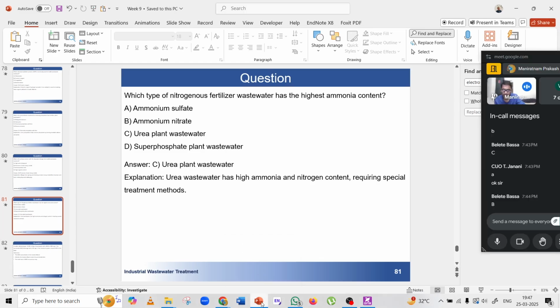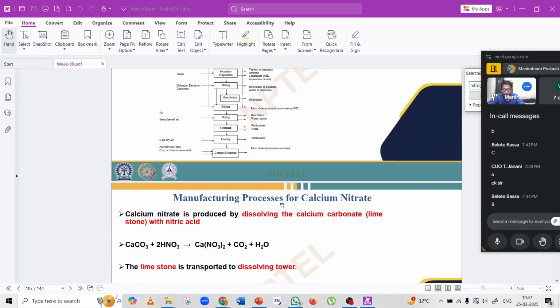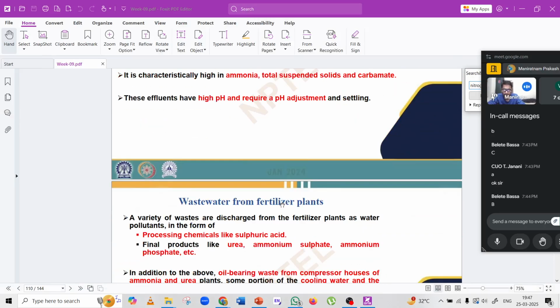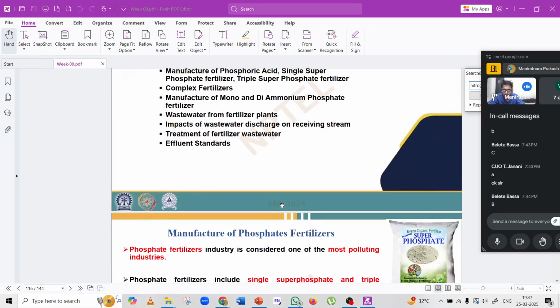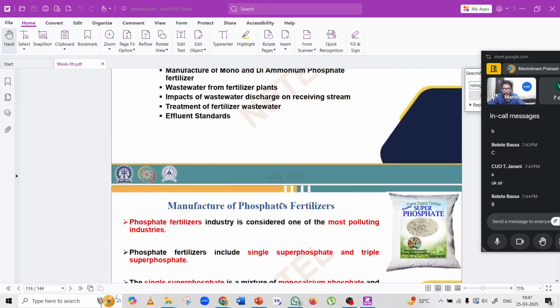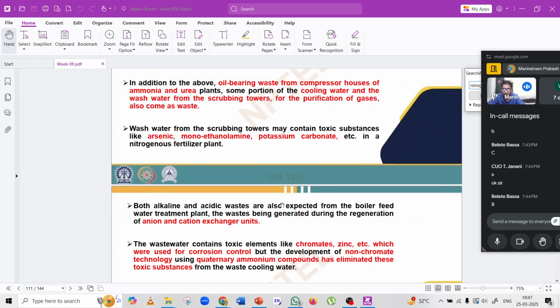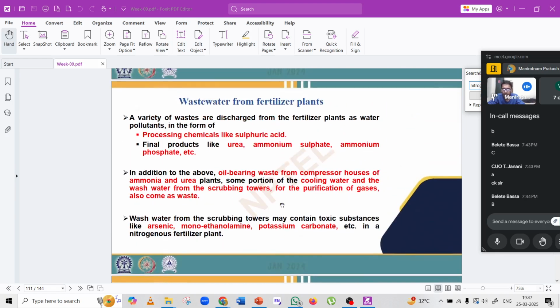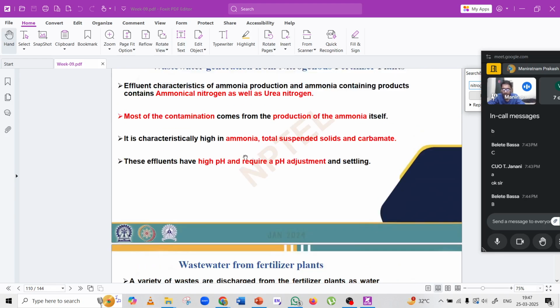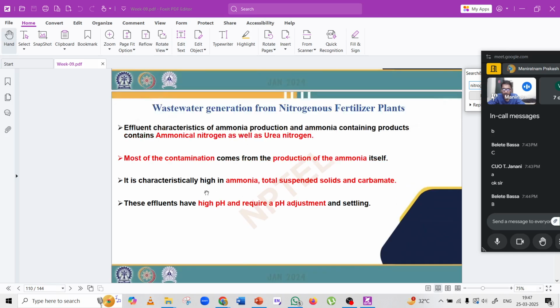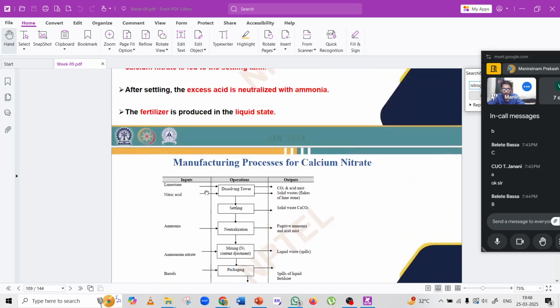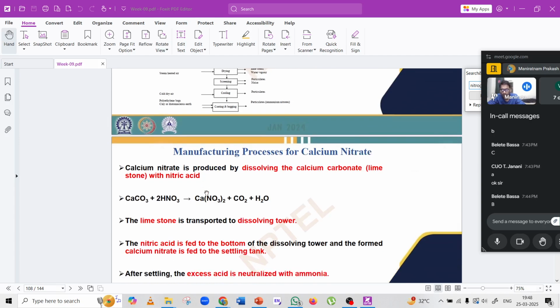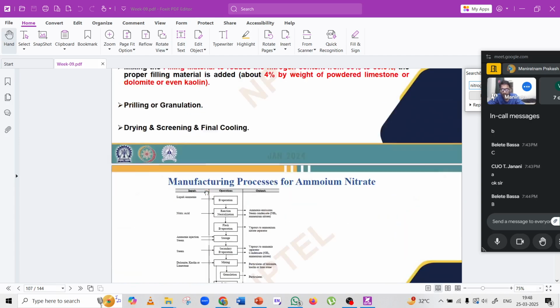There will be a list also. I don't know, let me see, there must be a table. You have to look into here. Okay, na. Wastewater from fertilizer, most of them production of ammonia. Not a raw material, but see, all three of them will contain some kind of ammonia.